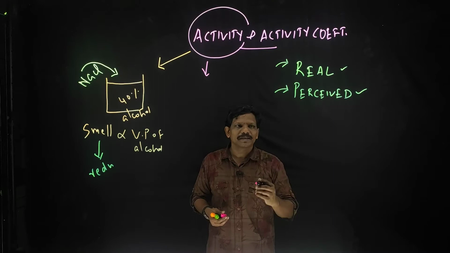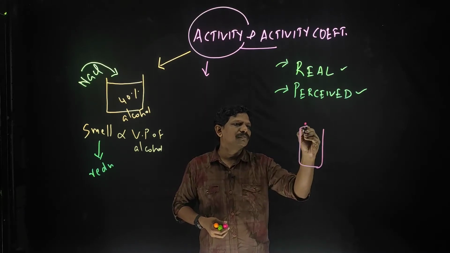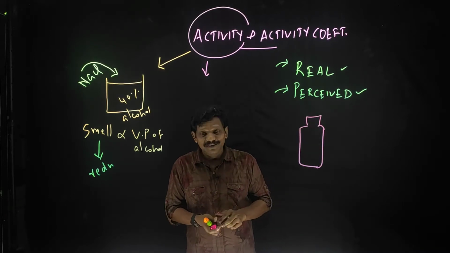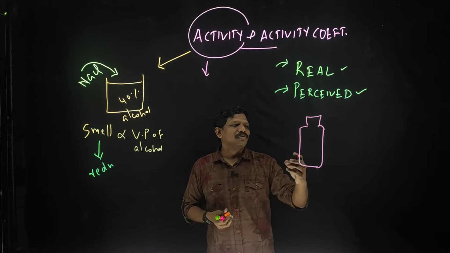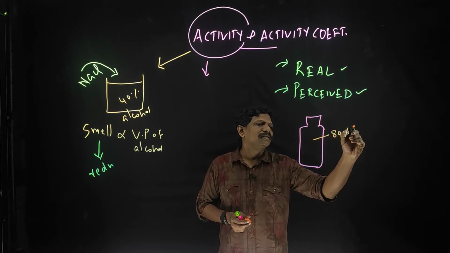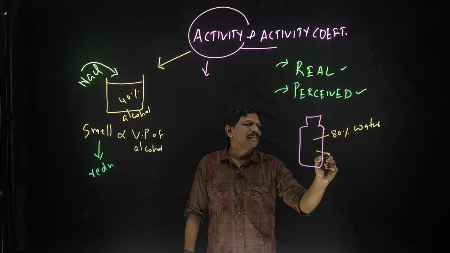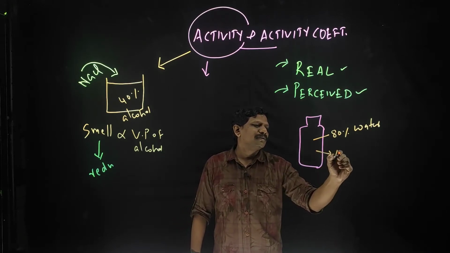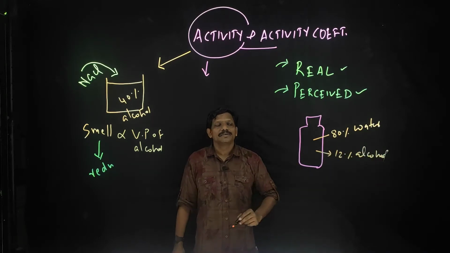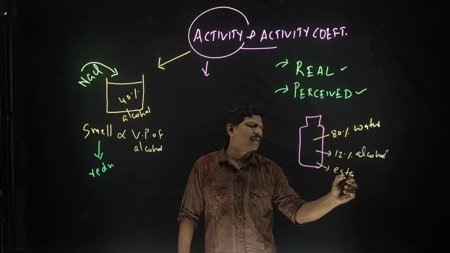One more example: you know that you are all using perfumes. Suppose this is your perfume bottle, and suppose it is a cologne perfume. Normally the perfume consists of 80% water and around 12% alcohol, and the rest is some esters.